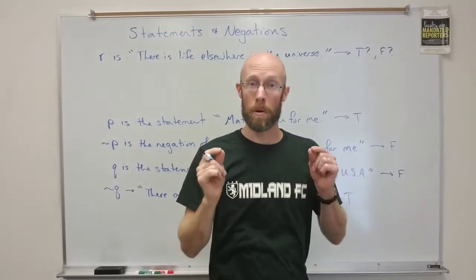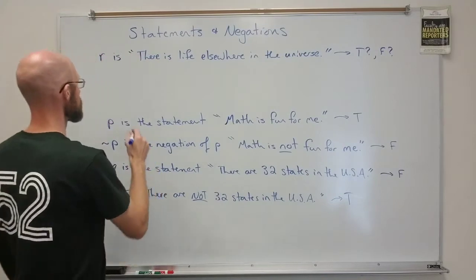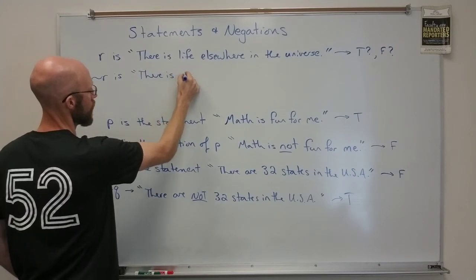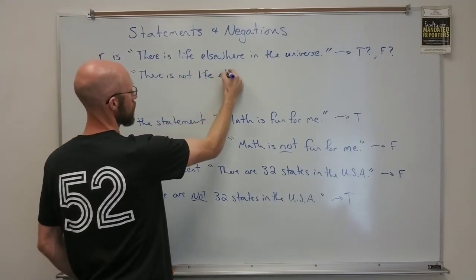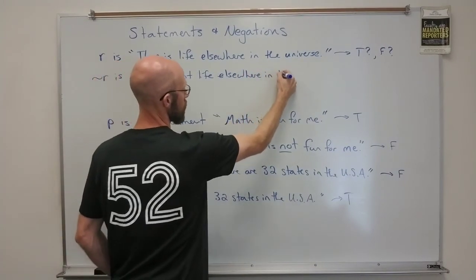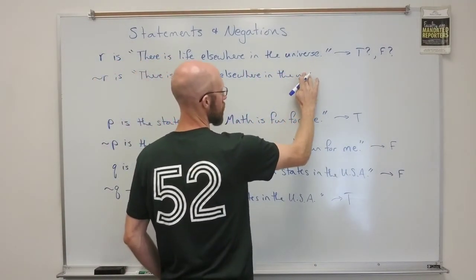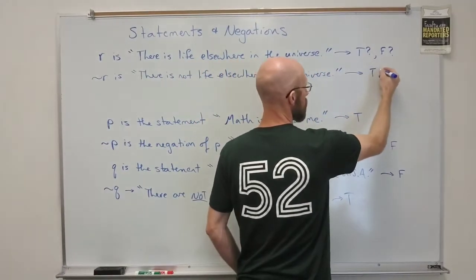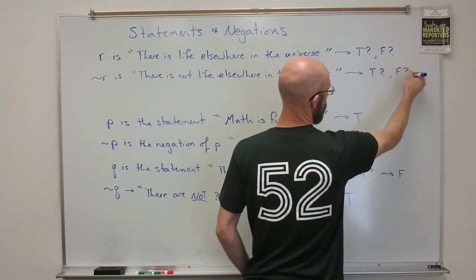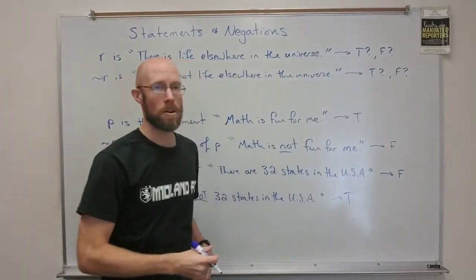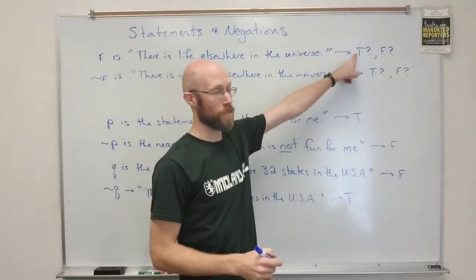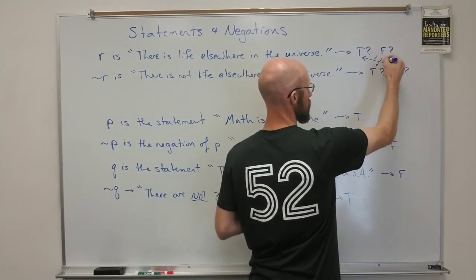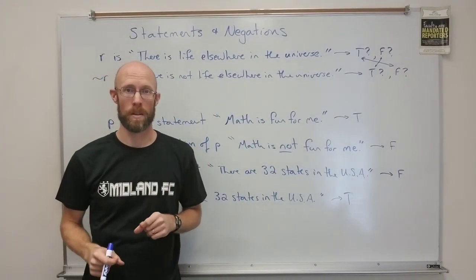We don't know, but it's one of the two. And its negation: there is not life elsewhere in the universe. We don't know if that's true or false. But what we do know is that if the first one is true, then the second one is false. And if the first one is false, then the second one is true. That we do know. All right?